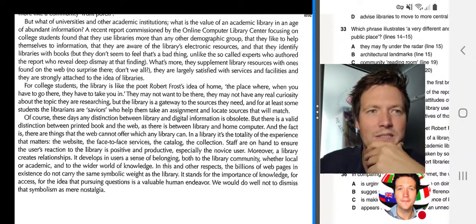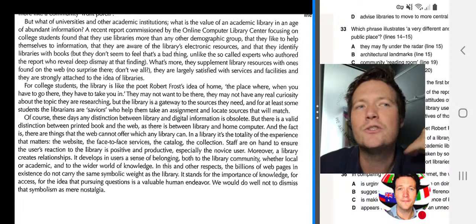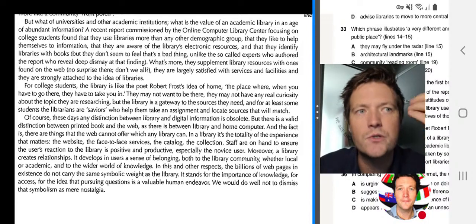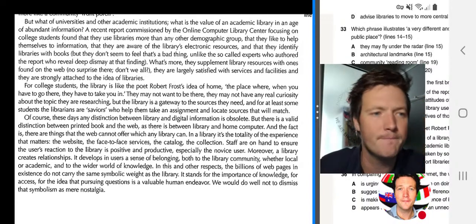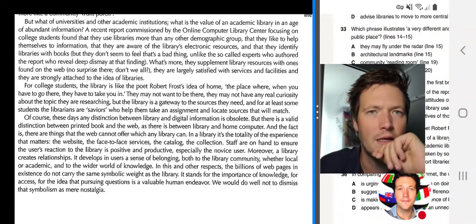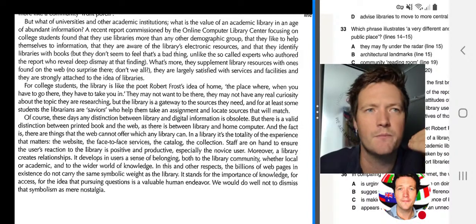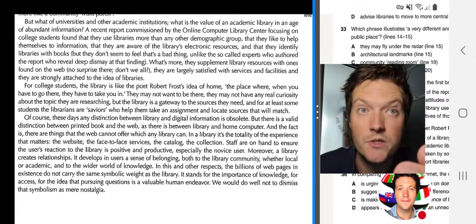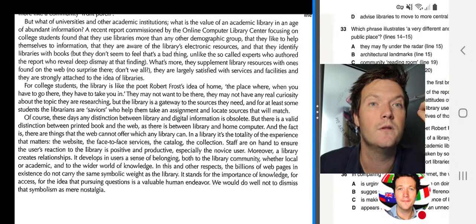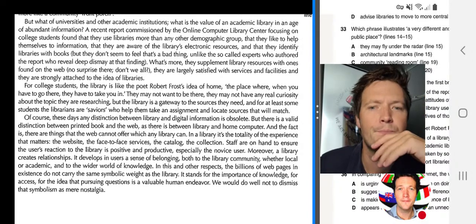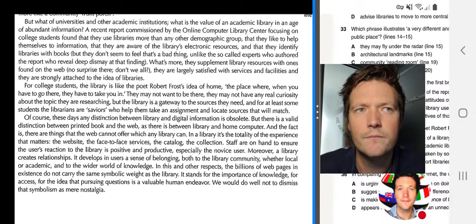I think what the writer is trying to emphasize in that comment is that perhaps the authors of the study are a bit misguided. They're unnecessarily worried about something that the consumers of the product, which is the library, are not worried about.